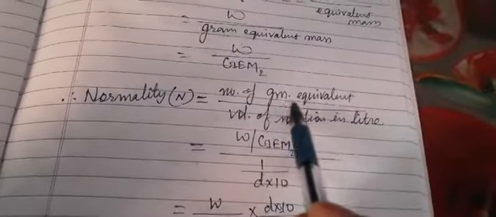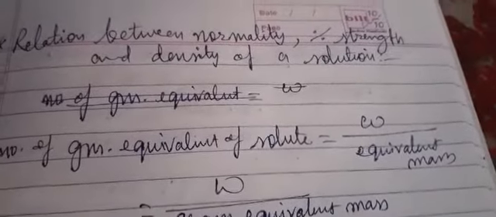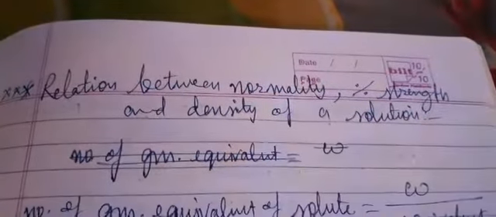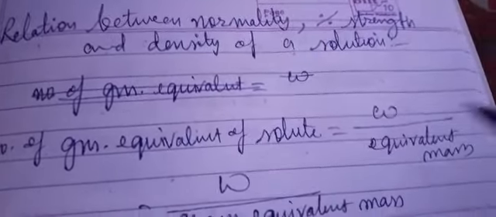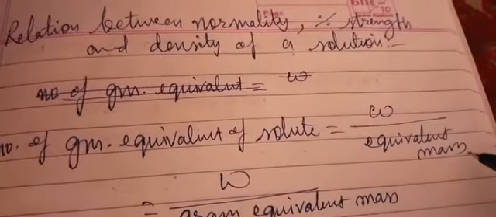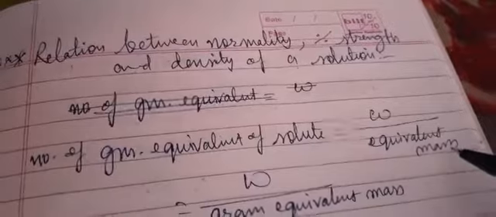So first we have to find the number of gram equivalents and the volume of the solution in liters. To find the number of gram equivalents of the solute, the actual mass must be divided by the equivalent mass. The actual mass of the solid is W gram.